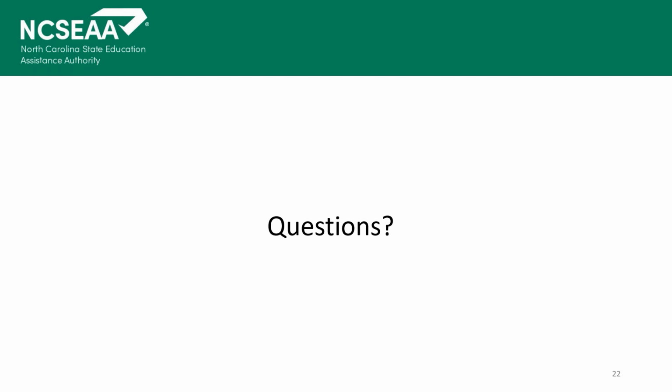Okay, yeah, on the application, there is a section for dependency status questions, and they will ask, for instance, if you're married, if you have dependents, on active duty, if you're a veteran. There are different questions on the application, and depending on how a student answers those questions, it will prompt them to either put in parents' information, or if they answer yes, it will only include that student's information. We'll ask if they were in foster care or orphan or ward of the court, depending on a certain time frame.